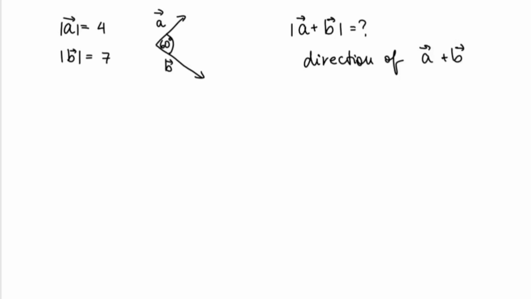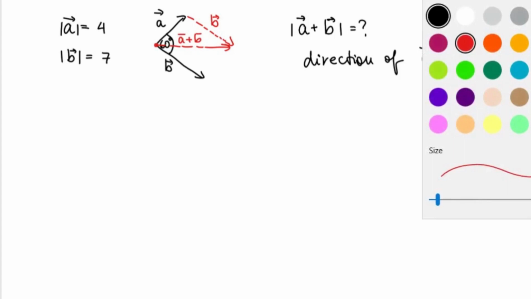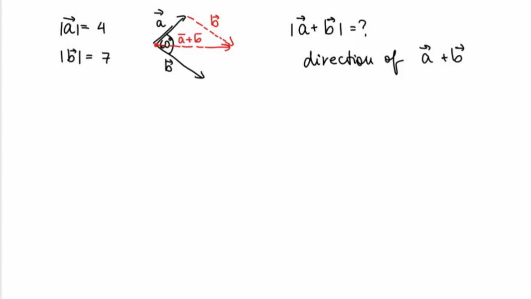We can translate vector B here so that the vectors are arranged in a tip-to-tail order. Then the vector that connects the origin and the end of vector B is going to be our resultant vector. So this is A plus B. You can see here that it has formed a triangle.